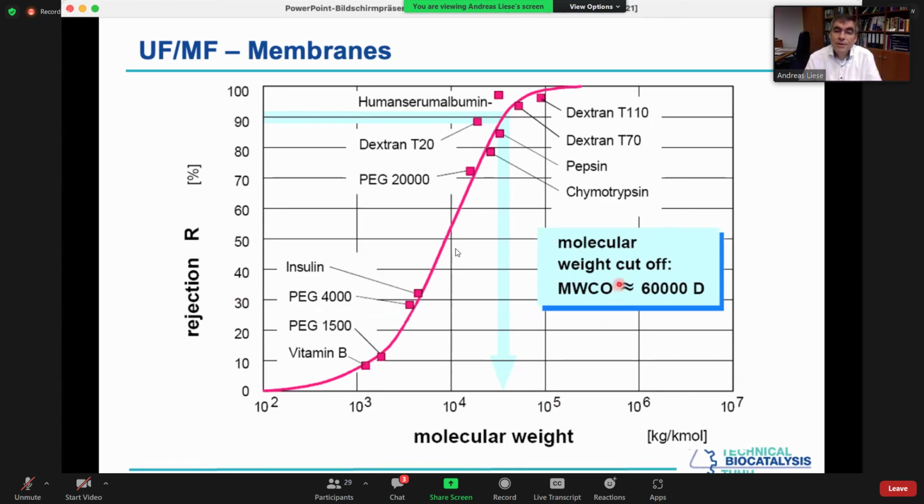Let's assume we order an ultrafiltration membrane from the supplier, and the molecular weight cutoff is 60,000 Dalton, or 60,000 grams per mole, which would be, for example, here. This is normally given as a 90% or 95% retention, meaning you have some compounds which will be totally retained, but you will have other ones which are not retained, and you lose these. And this is one point we will discuss next lecture.